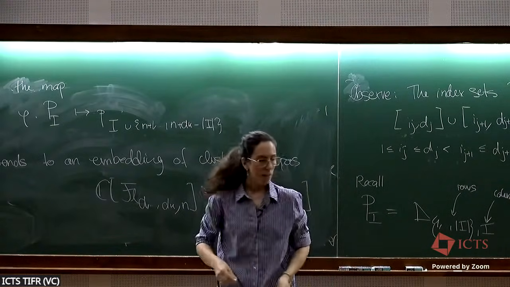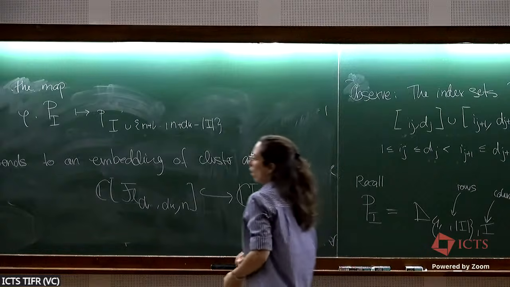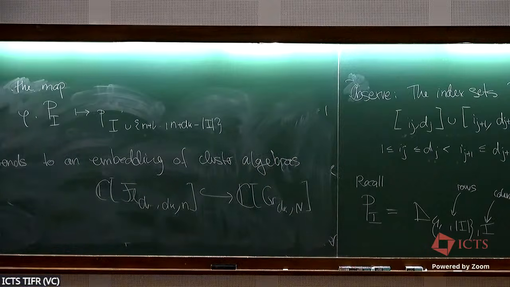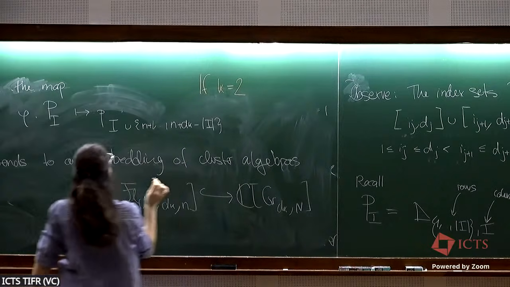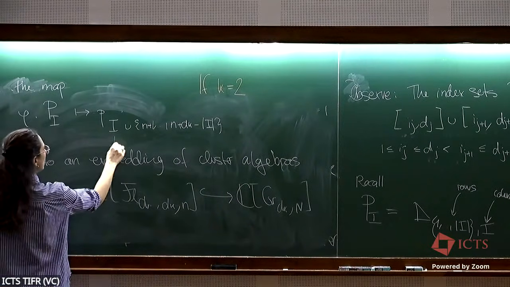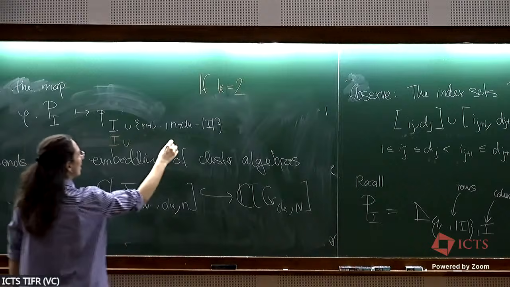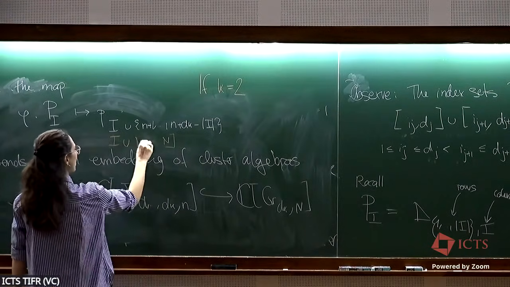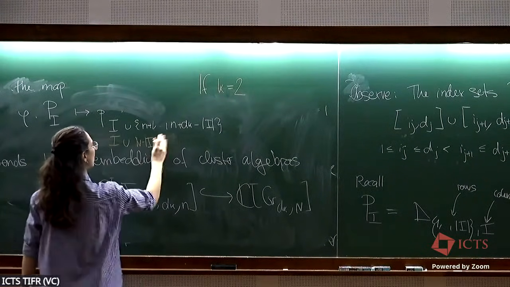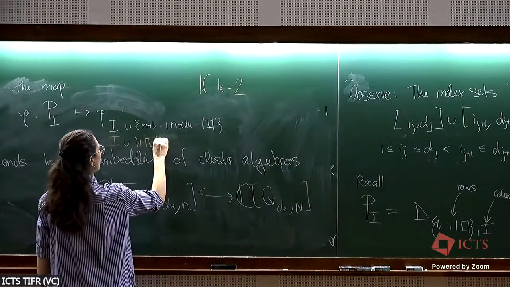So maybe I can add this. If k is 2, then I can also write here n. Okay, now I want to go until capital N, and this is then capital N minus the cardinality of I, plus 1.